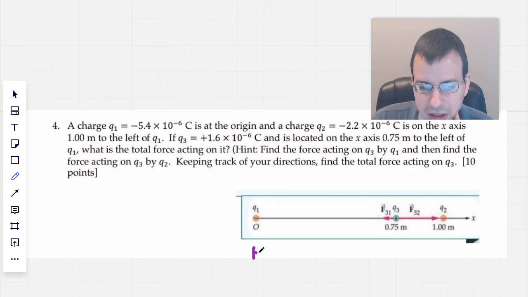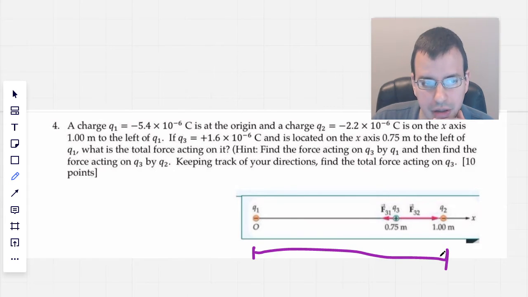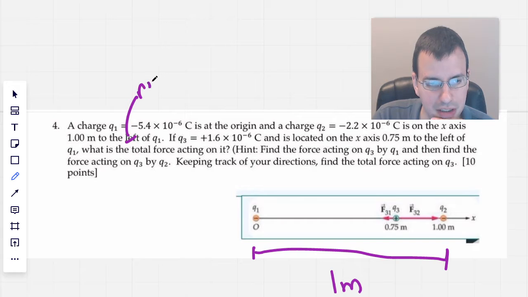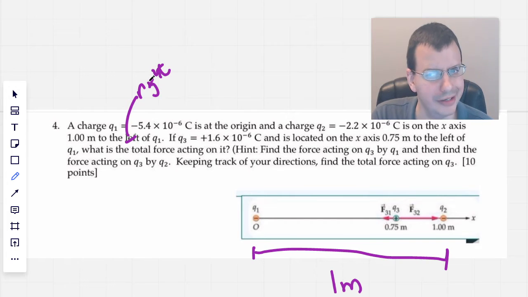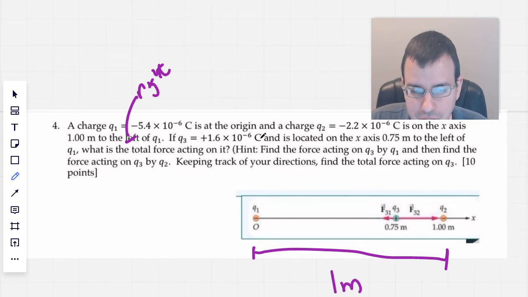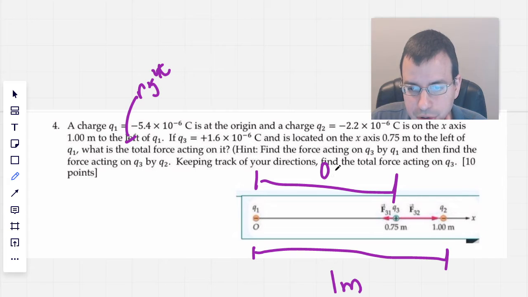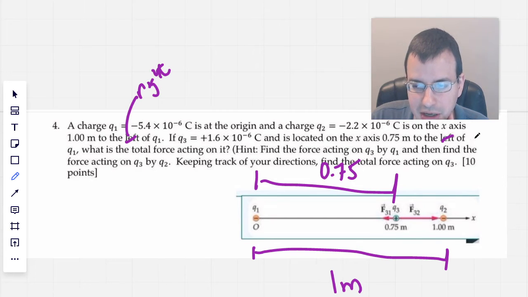So I'm going to assume that this is 1 meter. And I'm going to assume that when they say left, they really just mean right. If Q3, which is that positive charge, is located on the axis at 0.75, so we'll call this 0.75 to the left, I'm going to say right, of Q1, what is the total force acting on it?